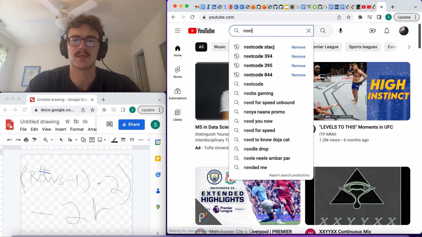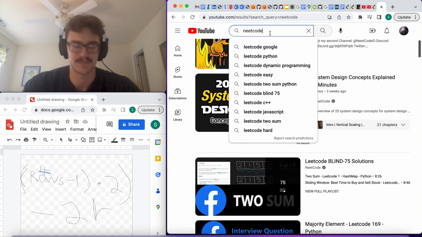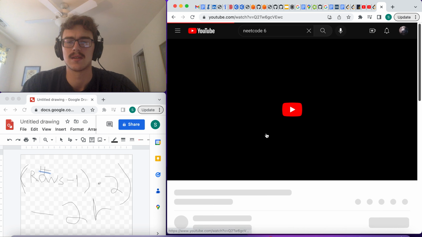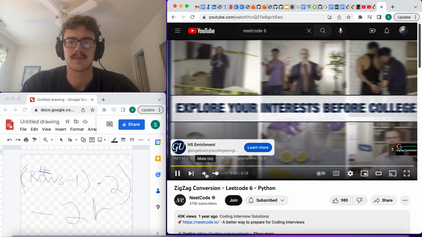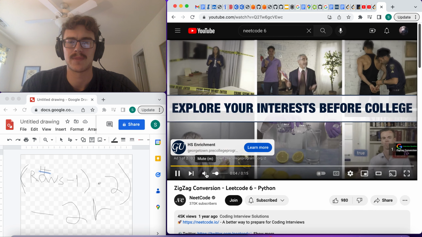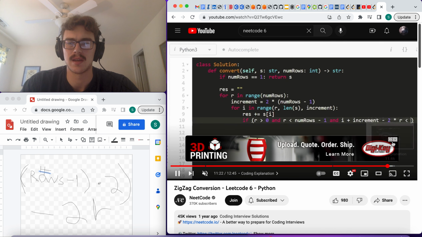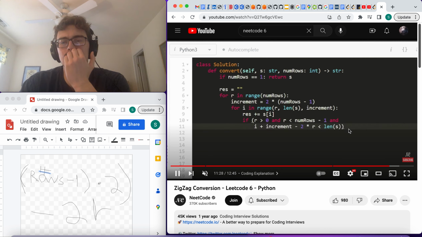I don't know if I'm allowed to do this. It's the solution I watched, and I'm basically copying. And so if r is greater than 0, r is less than.